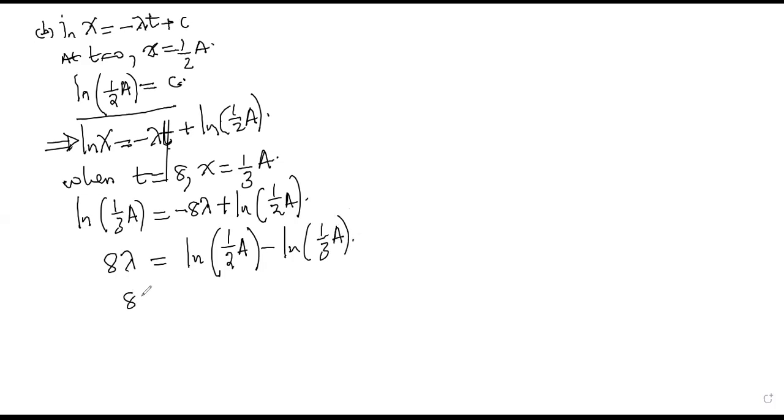So it means that our 8 lambda is equal to ln of a half a over a third a. So we shall remain with the 3 out of 2, because the other one will move up, because a half divided by a third is 3 out of 2 after taking the reciprocal. So lambda is 1/8. We shall divide by 8 both sides, then ln 3 out of 2.